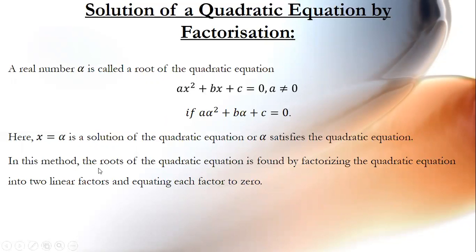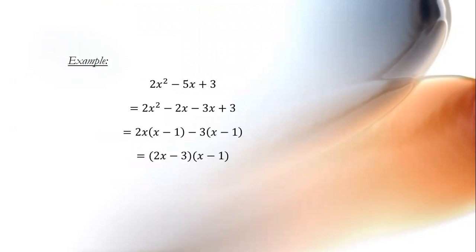So in this method, the roots of the quadratic equation is found by factorizing the quadratic equation into two linear factors and then equating each factor to 0. For example, 2x square minus 5x plus 3. Then we will factorize 5x to be minus 2x minus 3x.